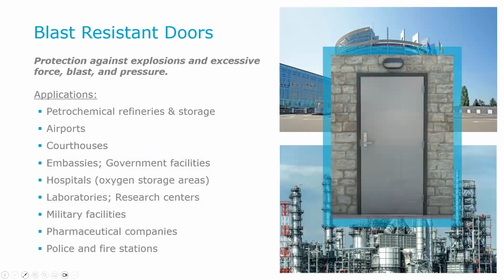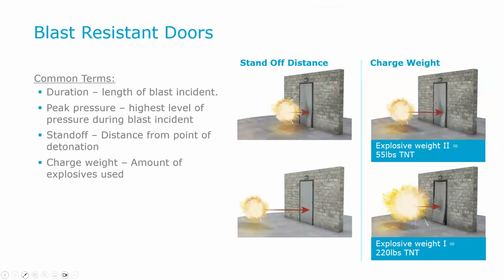Blast resistant products we have in our industry, again, you'll see that in refineries, storage areas, airports, courthouses, embassies. The one biggest thing with blast resistant products is that we have a lot of different terminology within blast. So we talk about the standoff distance, the charge weight. Is it in the seated or unseated position?